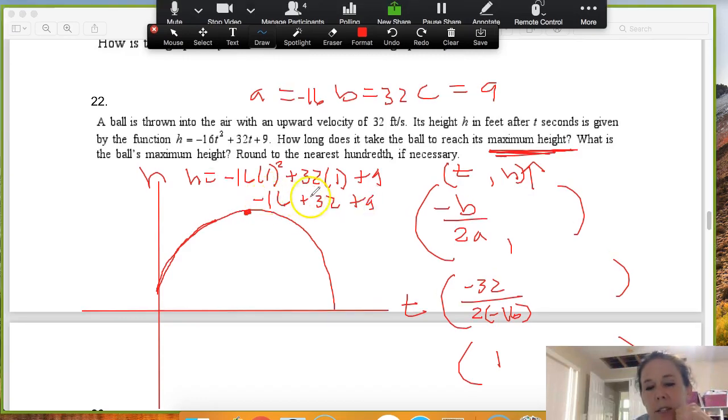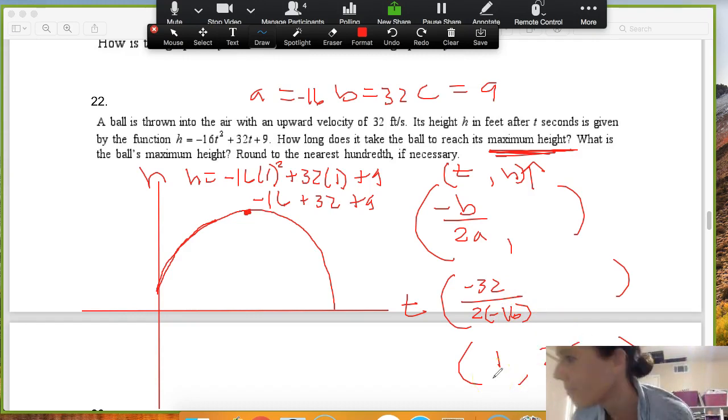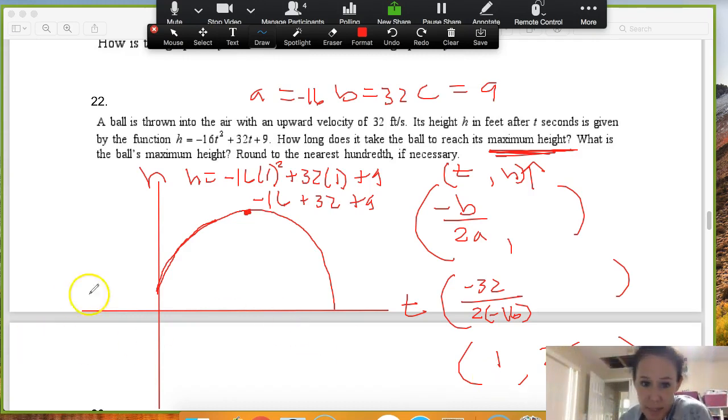So negative 16 plus 32 is 16. 16 plus 9, what is that? 35? 25? I can count. 25. At 1 second, so if this is 1 second, maybe this is 2 seconds, if I go over 1 second, I get a height of 25.